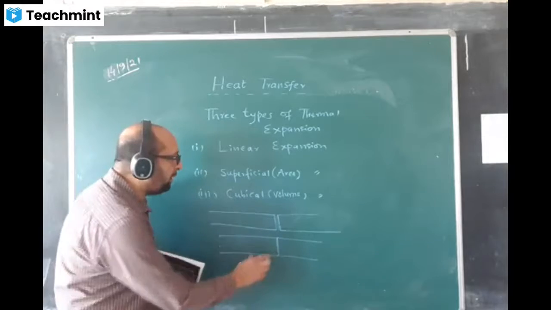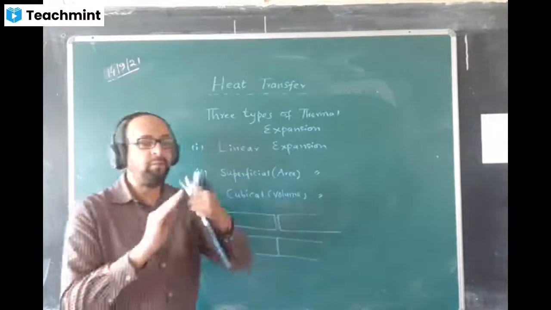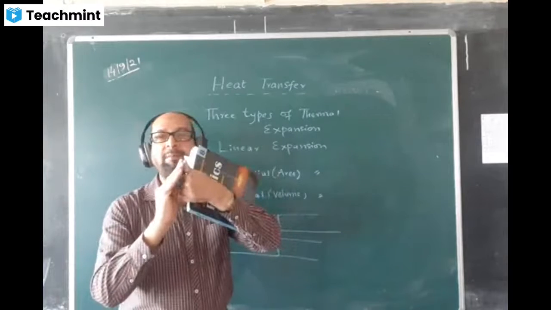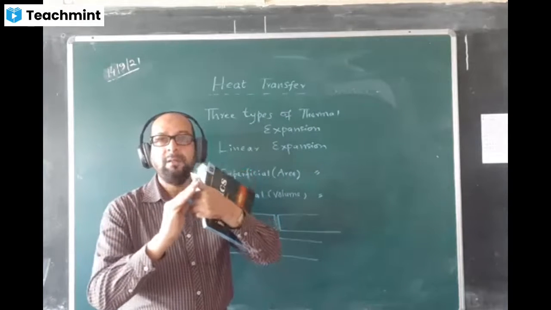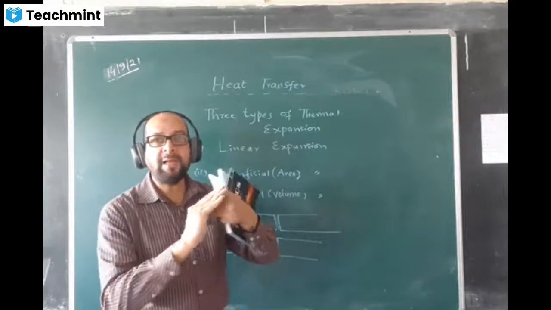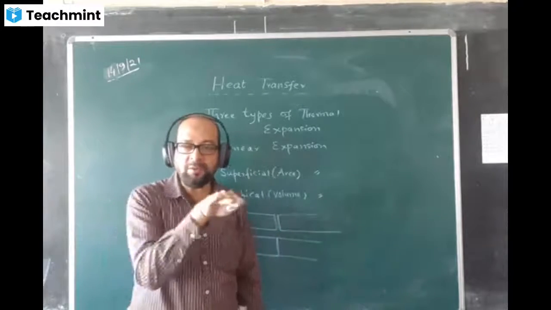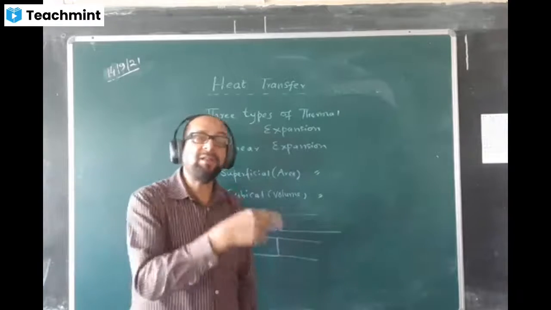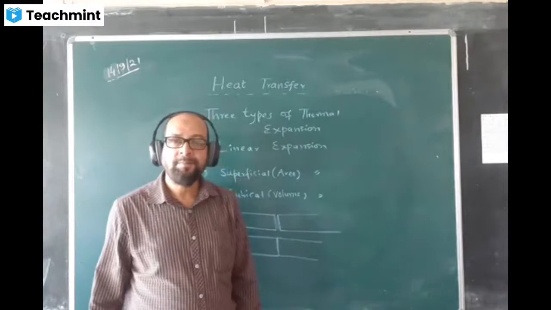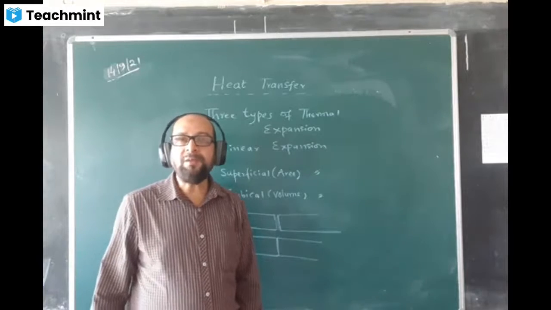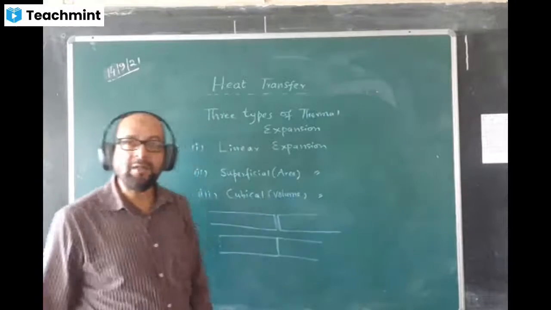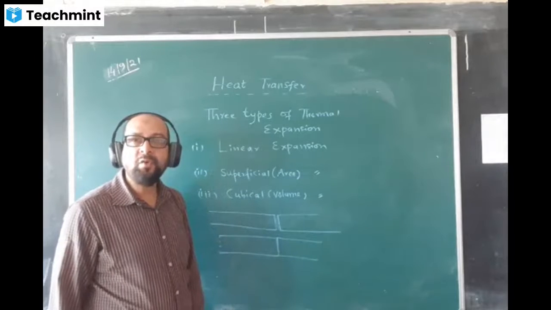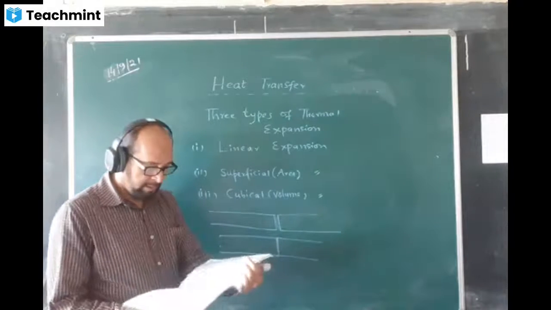That expansion cannot be accommodated. That will result in the tracks becoming like this. Both will be climbing over one another, and as a result, the surface will not be plane. When the train is running on such a surface, there is a chance of accident. So the gap between the rails accommodates the linear expansion. Have you understood? Yes, sir.